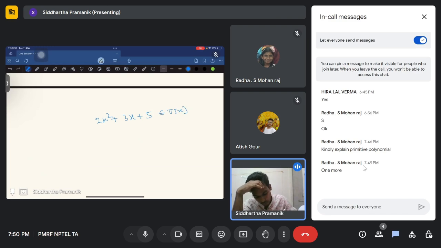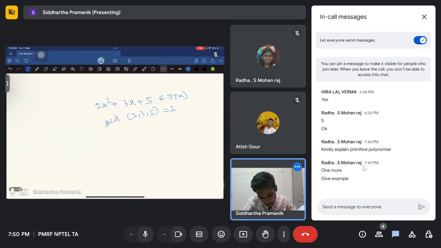It is a primitive polynomial, right? Because the GCD of 2, 3 and 5 is 1. So if the GCD of the coefficients is 1, then it's primitive. By using this, you can construct many more examples. Is it fine?